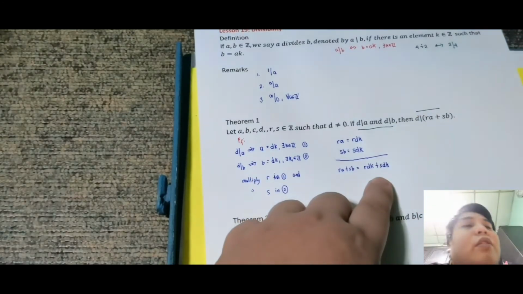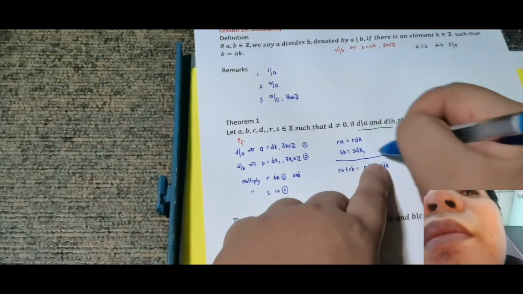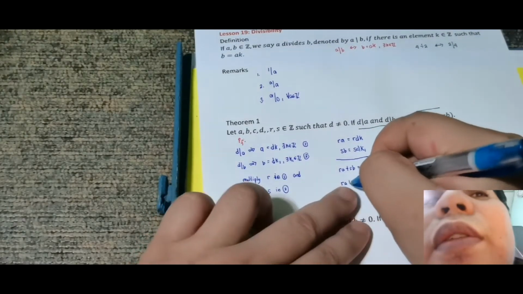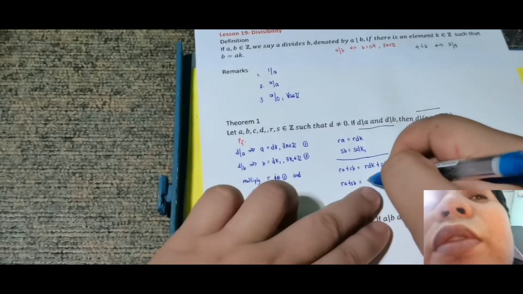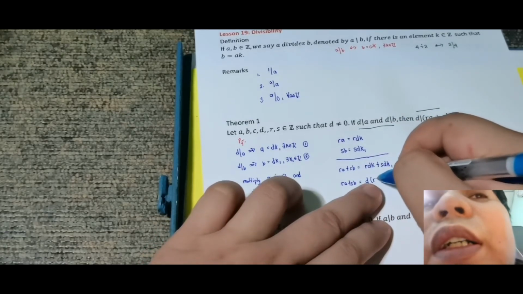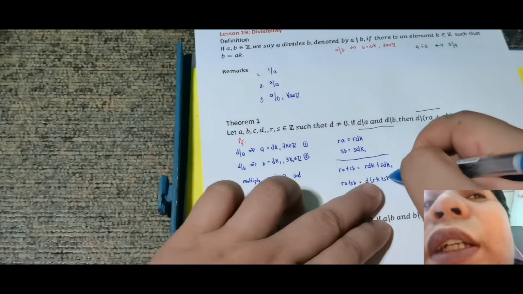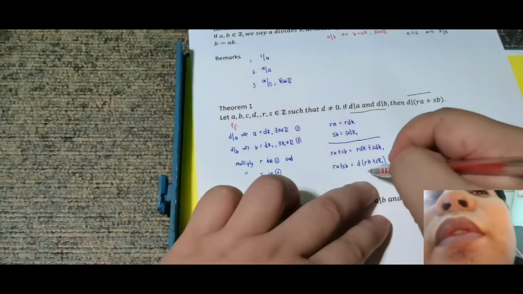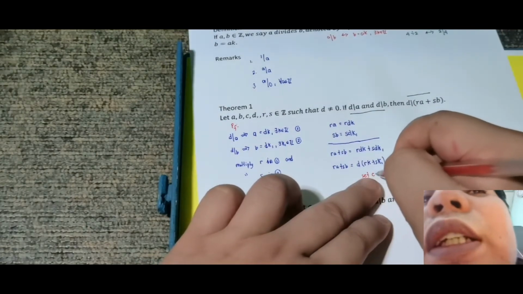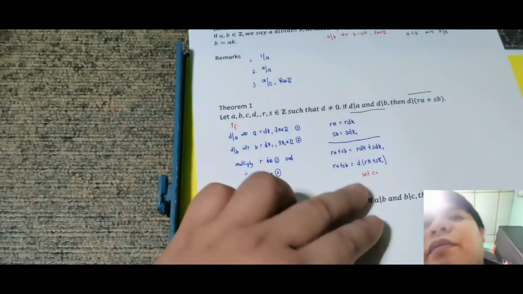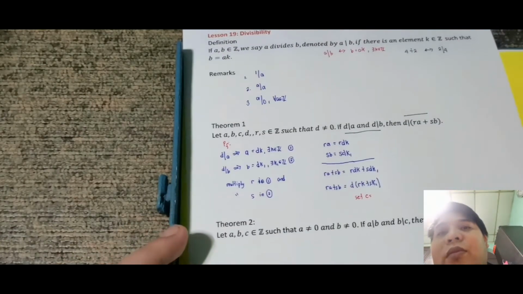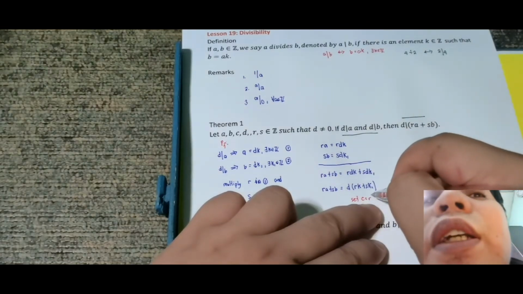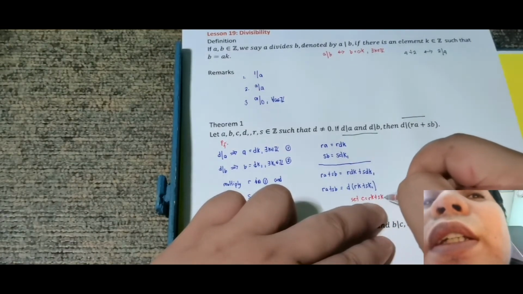Note na may common factor to, which is D. So RA plus SB is equal to D multiplied by RK plus SK sub 1. Set lang natin na C equal sa RK plus SK sub 1.